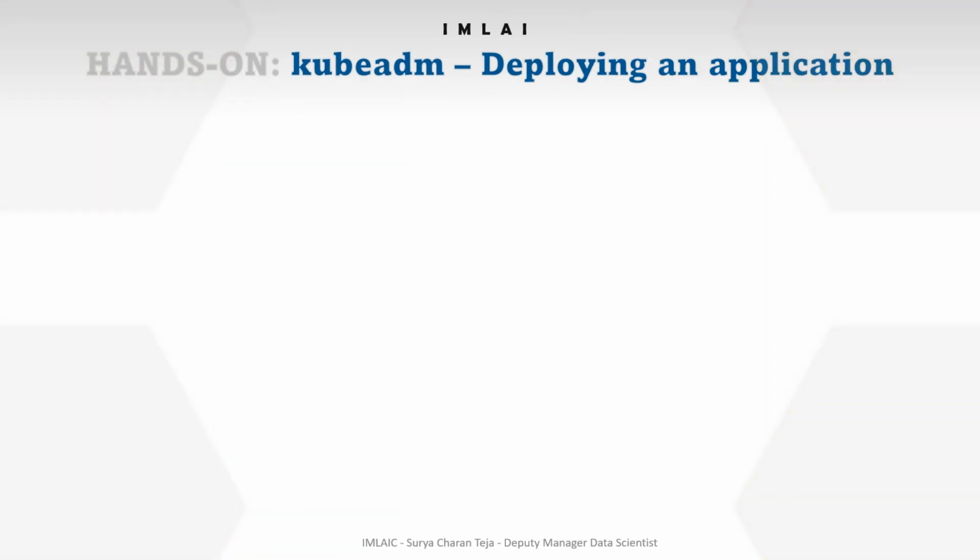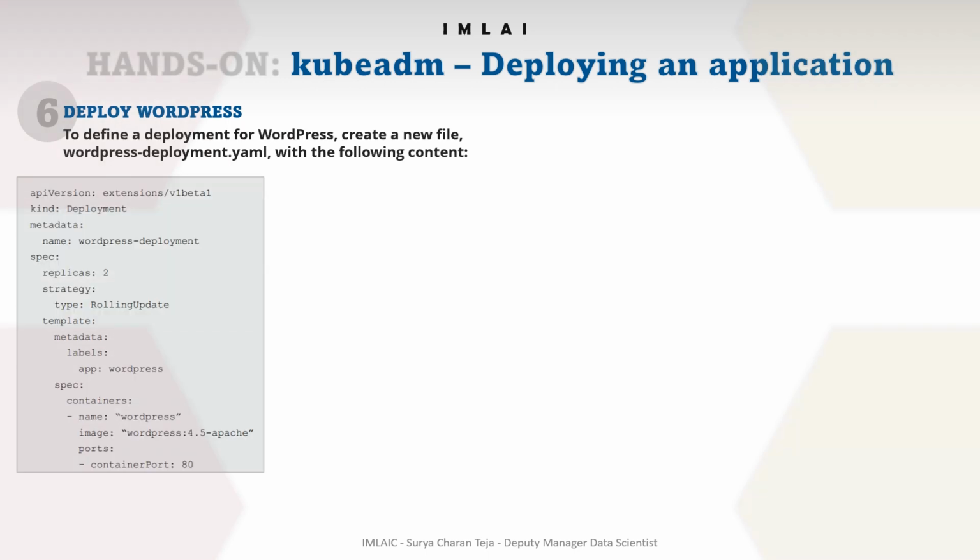Then we have to deploy the application. All the remaining objects were created properly. Now it's time to deploy the application. So deploy WordPress. To define a deployment for WordPress, let's create a new file called wordpress-deployment.yaml, and this is going to consist of information about kind, that's what kind of definition file it is, a Deployment, and then metadata.